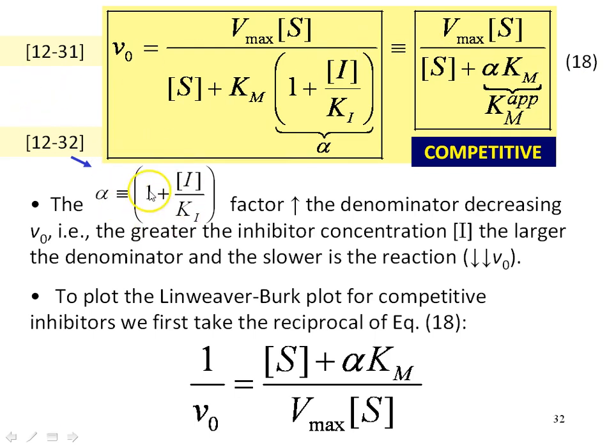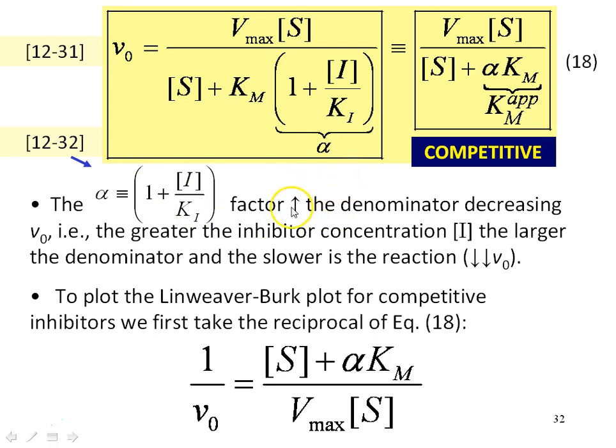So this alpha factor increases the denominator because this is bigger than 1. So that's bigger than the regular. K apparent is bigger than Km, and therefore the denominator goes up. And therefore, when you divide something by something bigger, the effect on the velocity of the reaction is that it slows down the reaction.